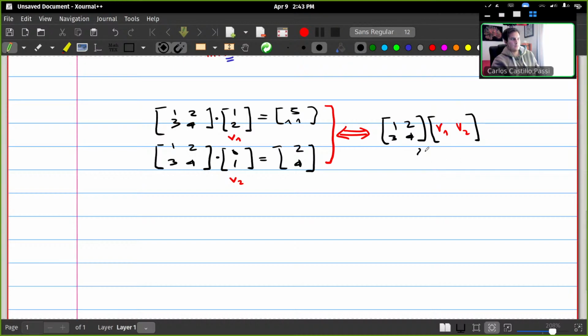This now is a 2 by 2 matrix, and this now is a 2 by 2 matrix as well. And that will give me another 2 by 2 matrix, where the first column is the first result, that means 5, 11, and the second one is 2, 4. So basically the matrix-matrix product is a way of writing multiple matrix vector products.